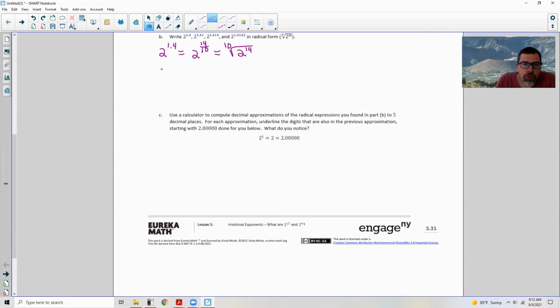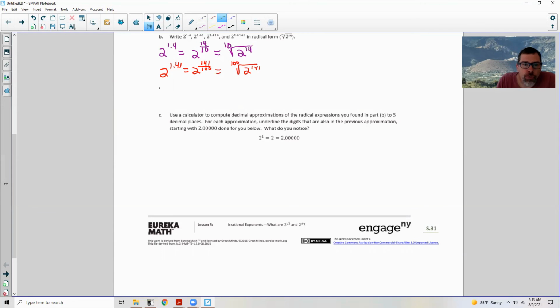Next one, 2 to the 1.41 is 2 to the 141 over 100. To write that, I write my radical with my 2 as my radicand. The denominator is my index, the numerator is my power. So it's the 100th root of 2 to the 141.